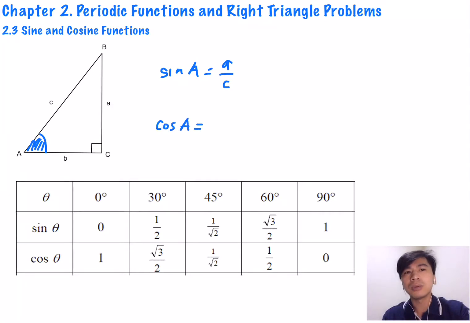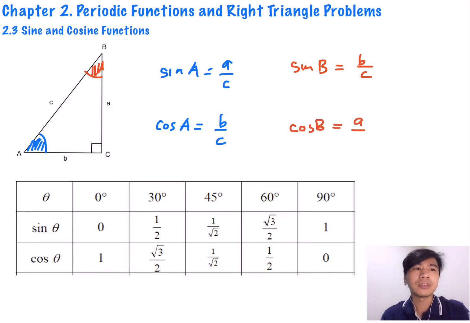Cos A will be the adjacent side over the hypotenuse, B over C. So if I change the question, what is sine B? Sine B will be the opposite side of angle B, which is B over the hypotenuse, C. And then cos B will be equal with A over C.